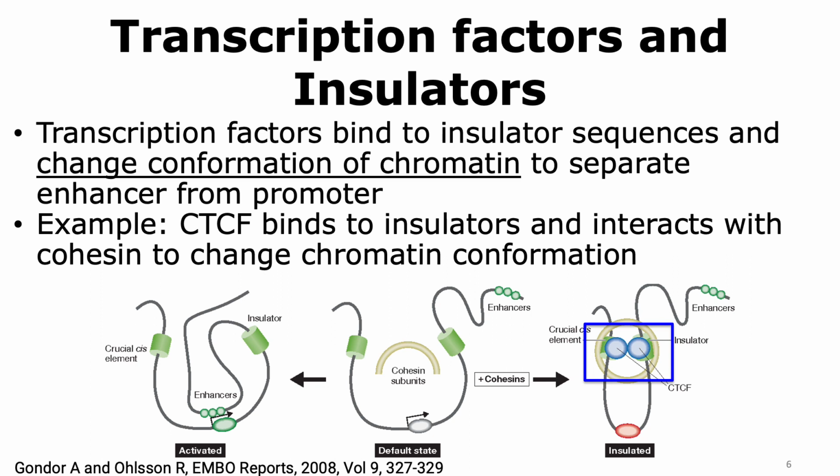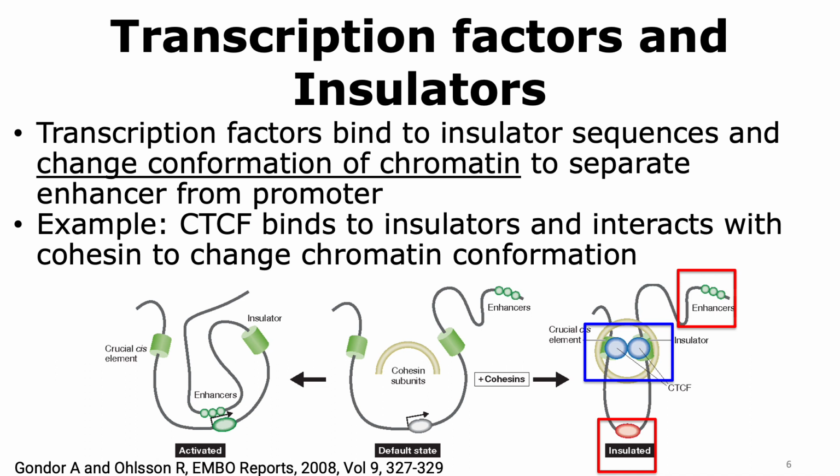The binding of CTCF to the insulator sequence changes the conformation of the chromatin such that the enhancers are now far away from the promoter, and thereby even if you have proteins bound to the enhancer, they have no way of contacting the promoter and promoting transcription of the gene.